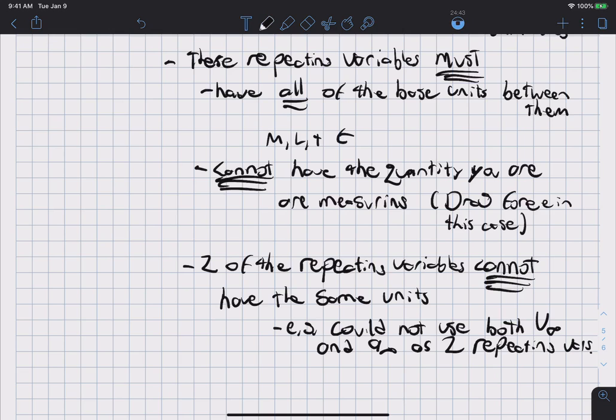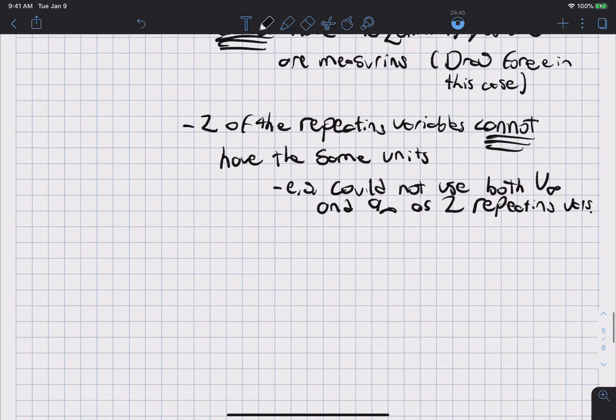Okay, and the remaining repeated variables, there is a bit of arbitrariness to it, but in good engineering practice, you pick the ones that you have the most control over in the experiment.